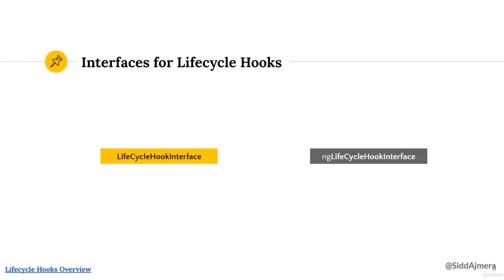Now in case of Angular, these lifecycle hooks are implemented as interfaces. So when you implement these interfaces on the component class or the directive class, you also implement methods that eventually get called when these particular key life moments occur. You'll see that the name of the interface, if it is prefixed with ng, would be the name of the method that you will implement in your component or directive class.